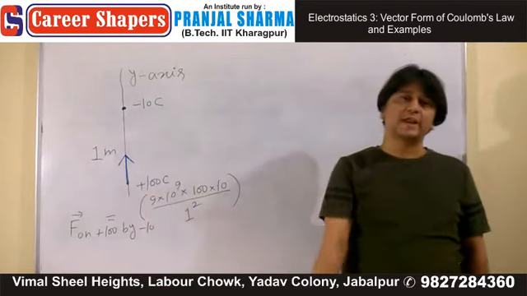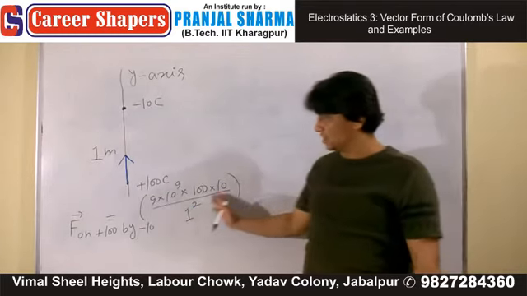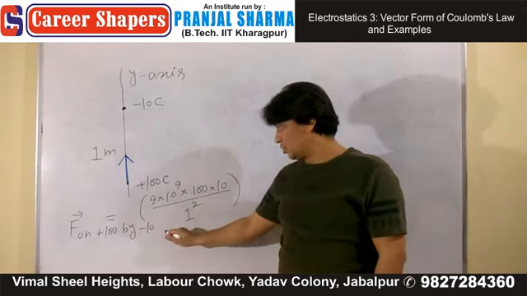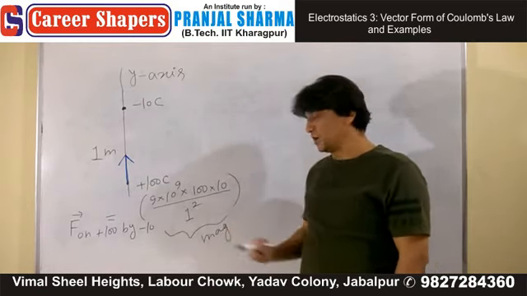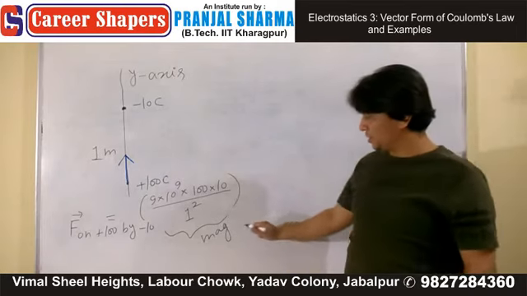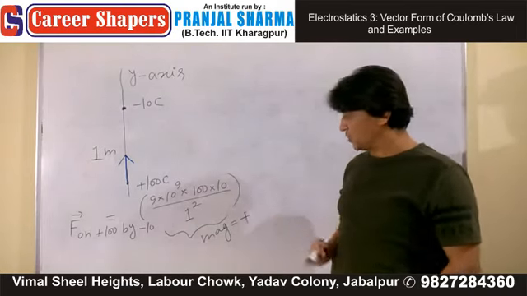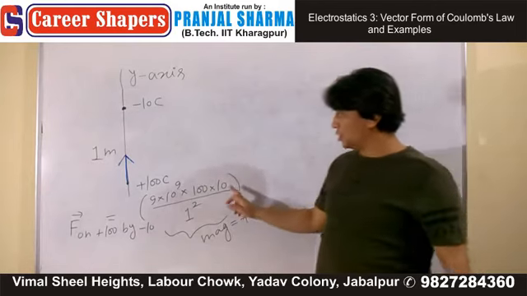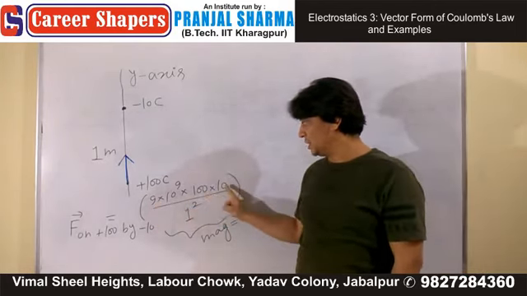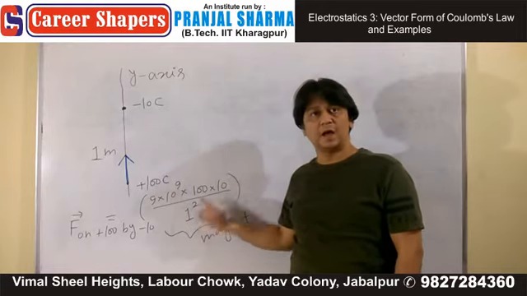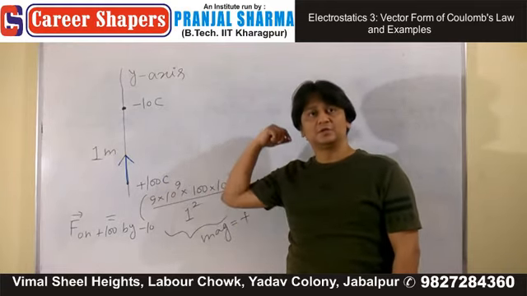You will not use any plus or minus sign with this. This whole part is only magnitude. Magnitude is always positive. Will not use minus 10. K times Q1 into Q2 divided by separation square.